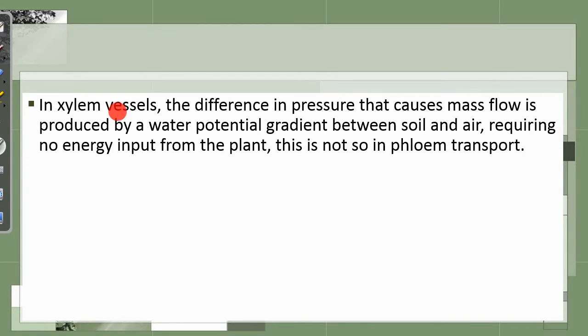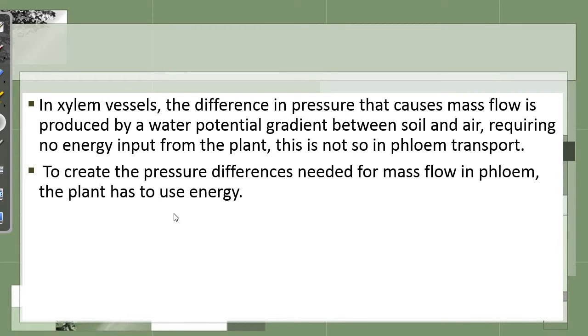Now, as in the xylem vessel, the difference in pressure that causes the mass flow is produced by a water potential gradient between the soil and the air, requiring no energy input from the plant, but that's not the case with phloem transport. It's quite different.